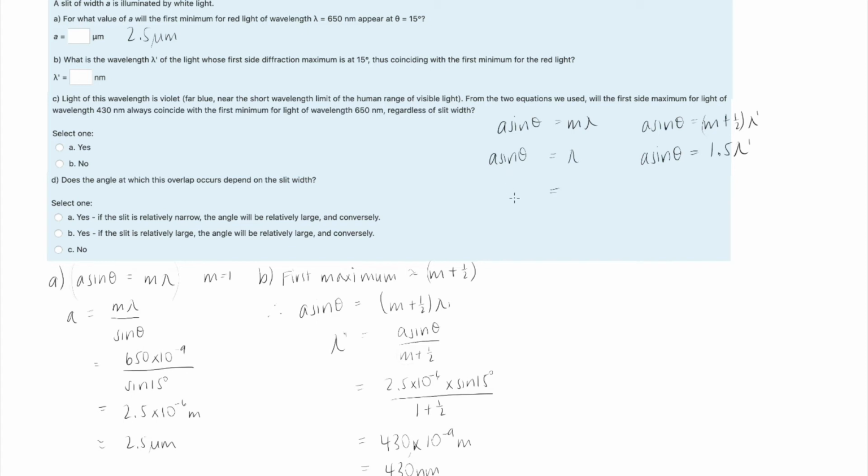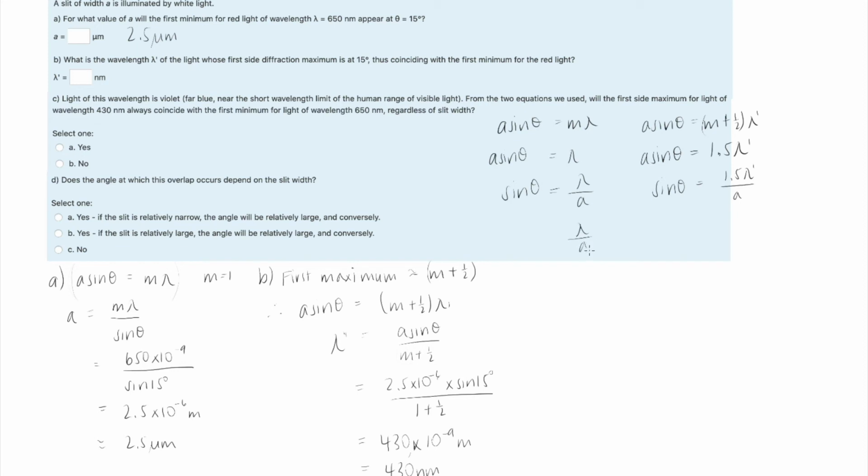Okay, so if these are going to occur at the same location, we can rearrange both of these equations to get sine theta on its own. Now sine theta, in this case, should equal each other. They should be the same. Remember, these angles should be the same. That's what we're being asked.